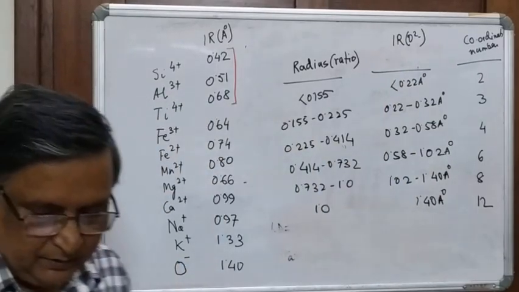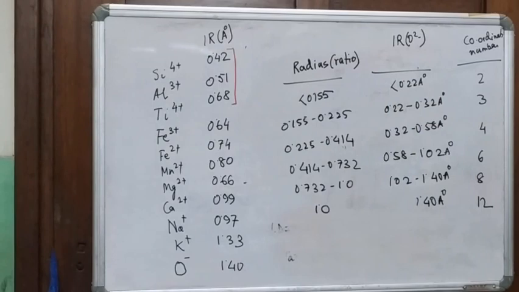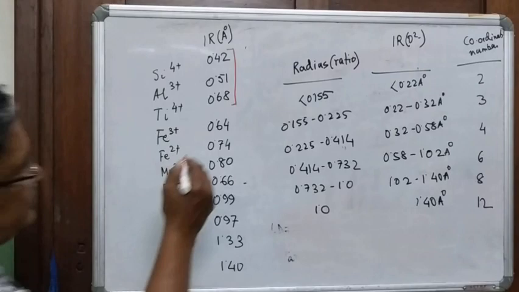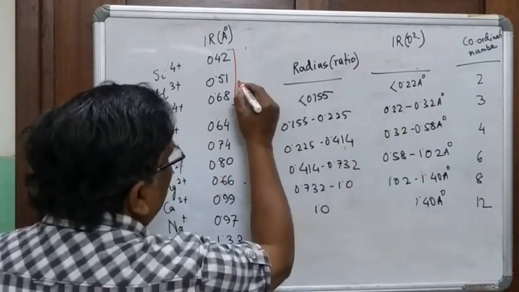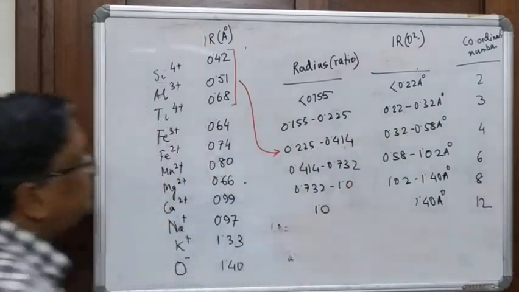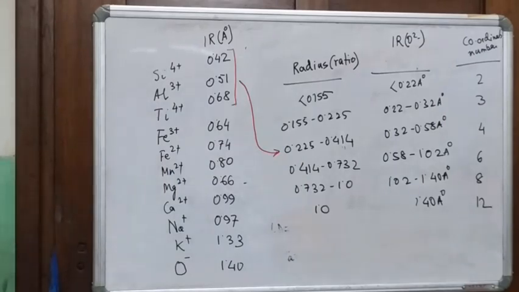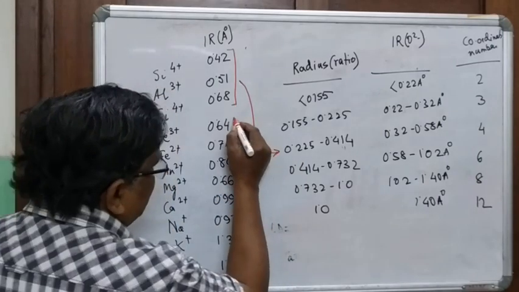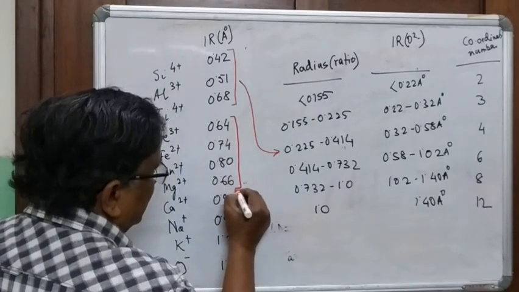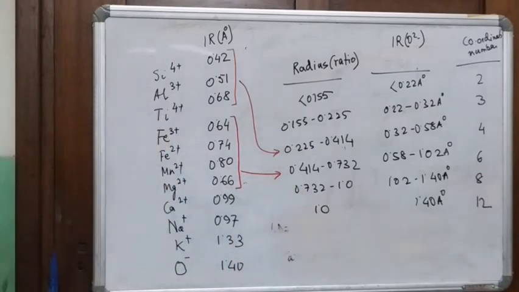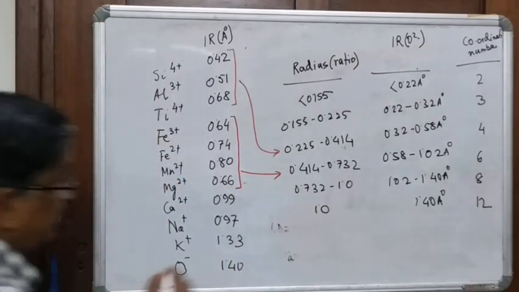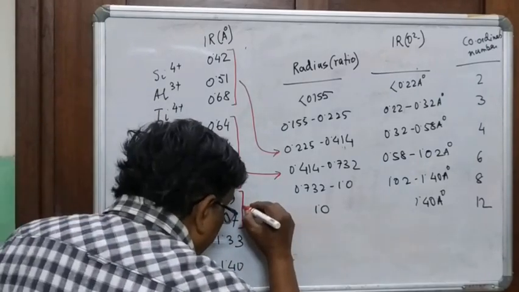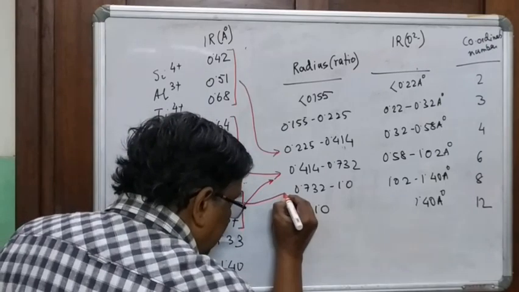Now you can see here the interesting point that I would like to make is these elements here go into the 4-fold site. Do you see that? And this set of elements here go into the 6-fold site. And these set of elements here could go here or they could go here.